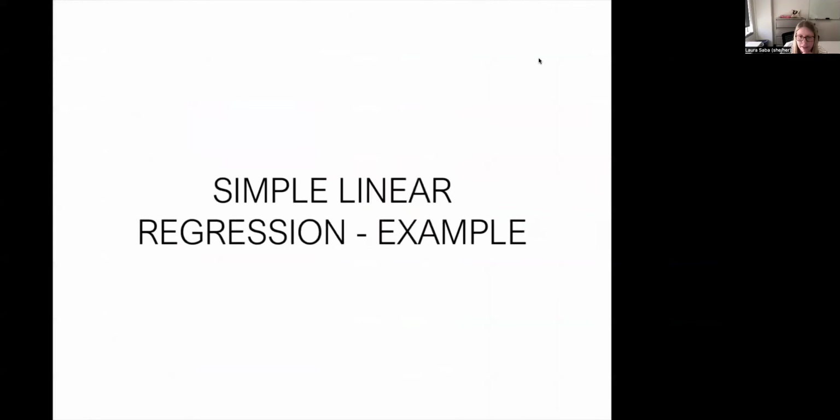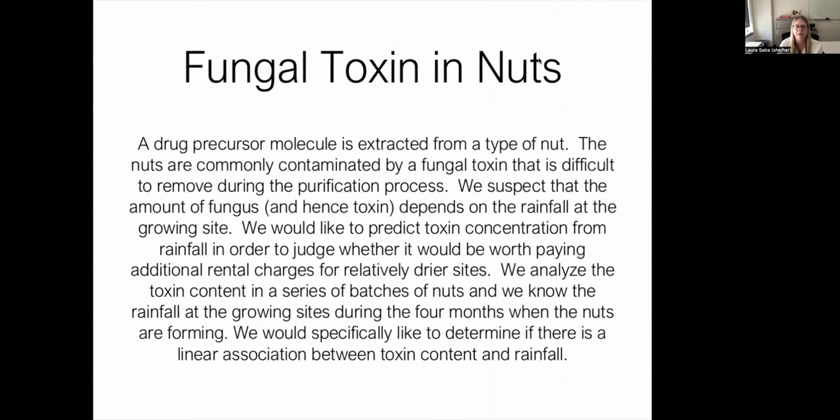Let's take a look at an example to walk us through. So we're looking at a drug precursor molecule that's extracted from a type of nut. They're commonly contaminated with a fungal toxin that's hard to remove. So we want to understand better the relationship between the amount of this toxin, or the amount of this fungus, in the nut and the rainfall at the growing site.